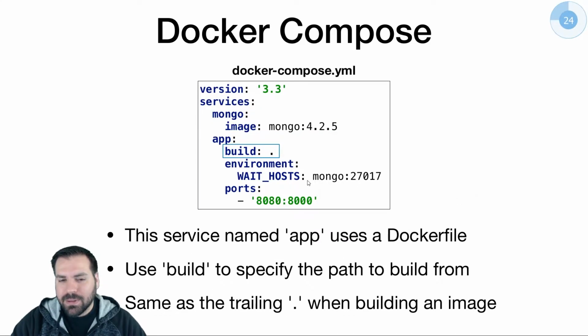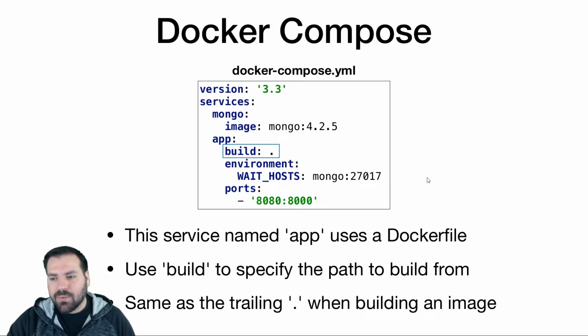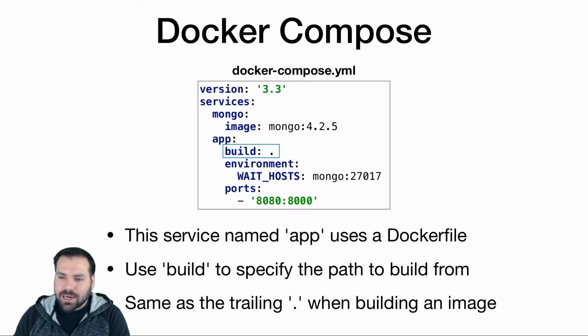For my app, I have a few things that I have to specify, and this is pretty much the same information that you're inputting when you build and run your container. So when you build your containers based on your Docker file, you always have that trailing dot when you build the image. That trailing dot is telling Docker which directory the Docker file is in.